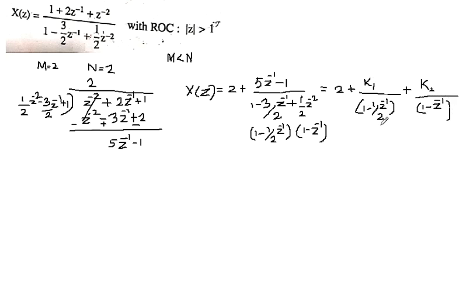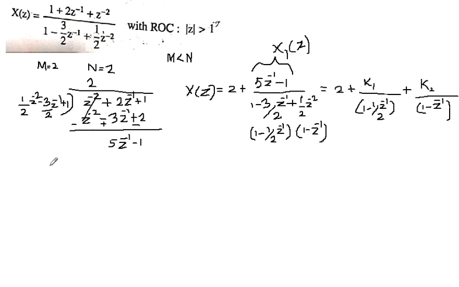The next point is we need to go for finding the constants. So we have to consider this as a single term and go for finding its factors. We consider this one as x1 of z, and by treating only this much, we go for finding the constants.